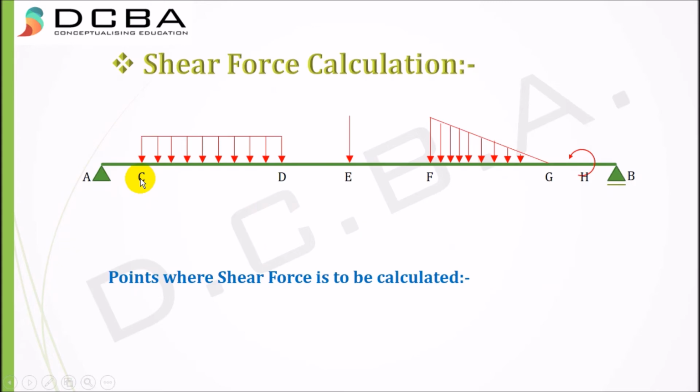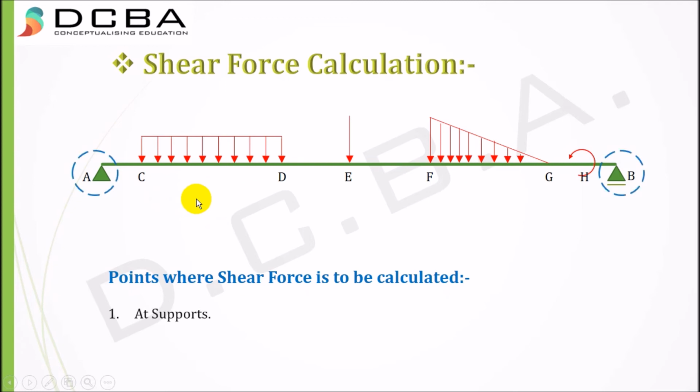So now, where should you calculate shear force? This is very important. In this problem, I've tried to consider all the types of loadings, which includes a UDL, a point load, a uniformly varying load, as well as a moment. Now where will the shear force be changing drastically?